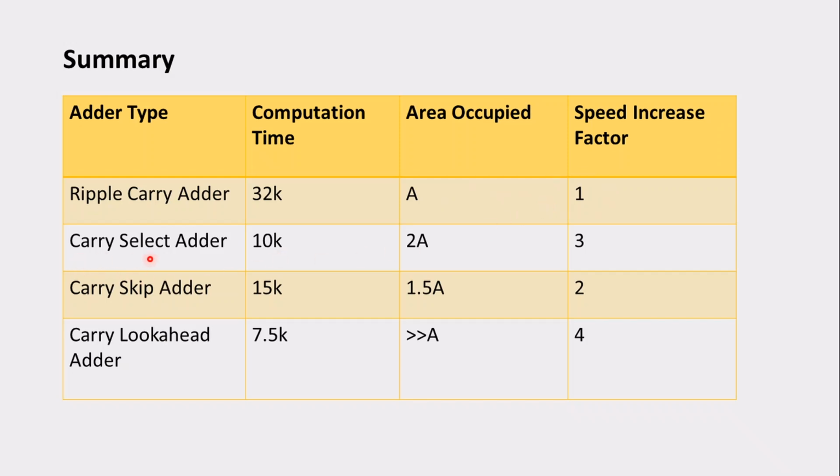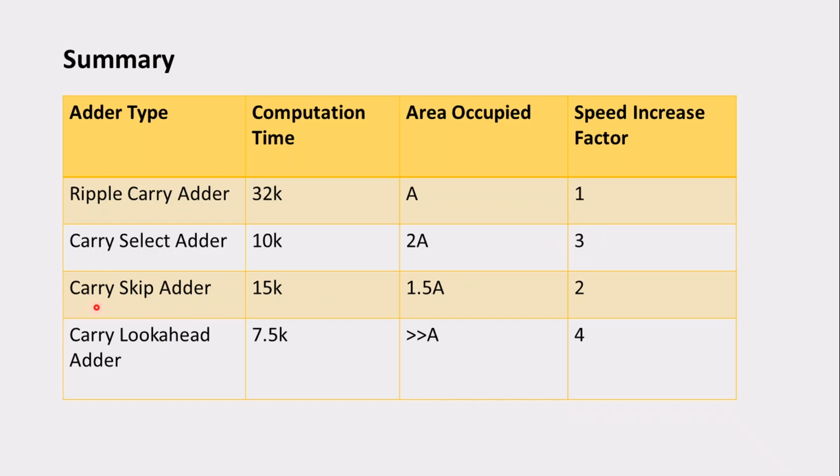Now for the carry select adder, the computational time got reduced. But since we have multiple adder cells, our area was getting increased. The computational time is almost half, as we had said, so the speed factor increased to 3.